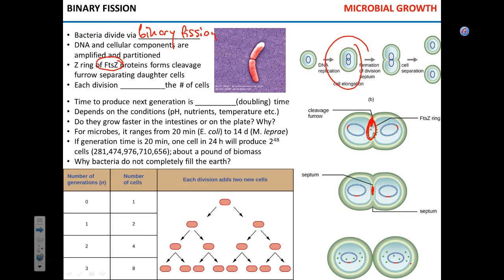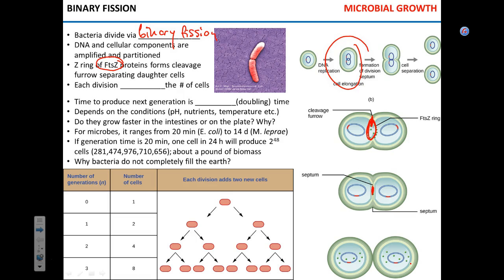Daughter cells, are they identical to mothers? Yes. Practically, yes. Unless, well, there probably are some mutations, but on a big scale, they are all identical. Does that make sense to you? Excellent. So with each division, what happens to the number of cells? If you start with 1 cell and it divides, how many cells do you have? 2.